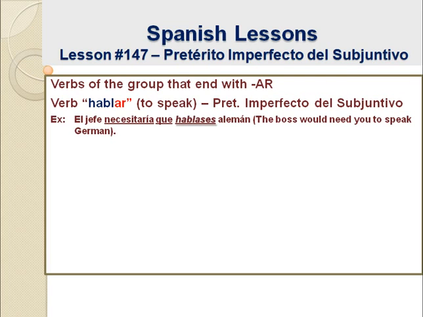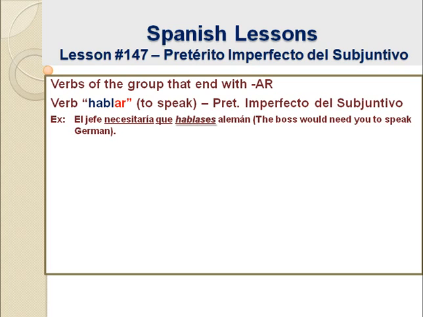Example, el jefe necesitaría que hablases alemán. The word hablases that is underlined is pretérito imperfecto del subjuntivo.